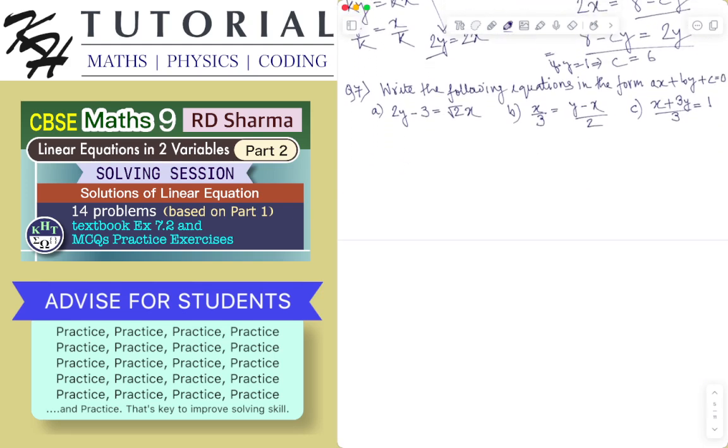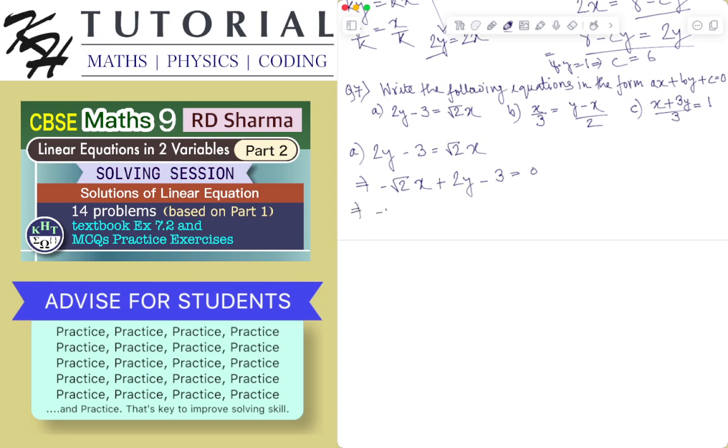Write the following equations in the form ax plus by plus c equals 0. This should be an easy task. The given equation is 2y minus 3 equals root 2 x. So I will bring everything to the left hand side: minus root 2 x plus 2y minus 3 equals 0.